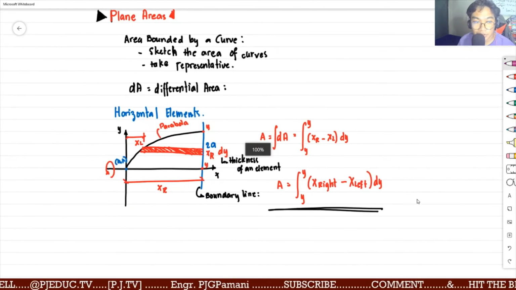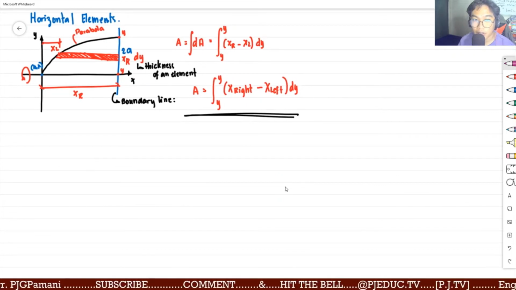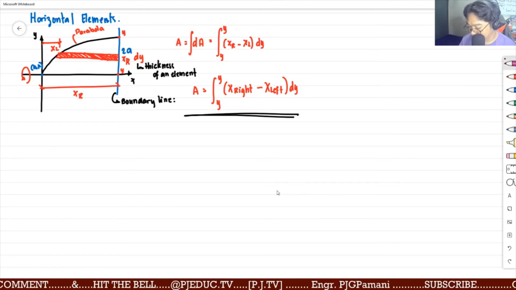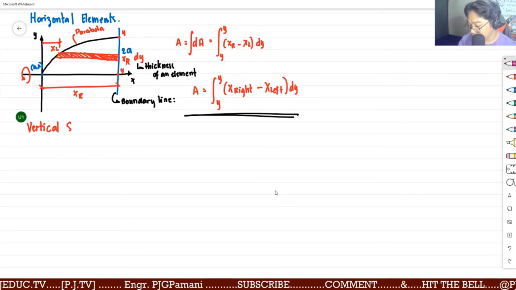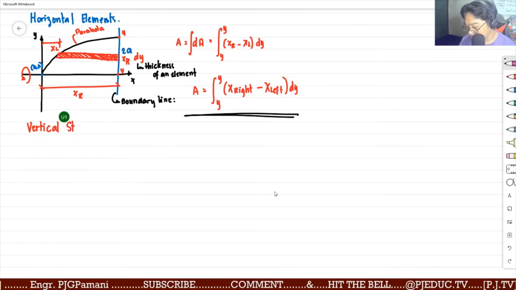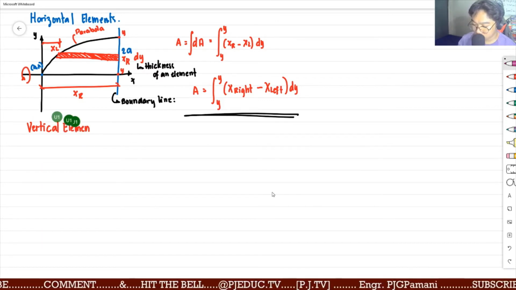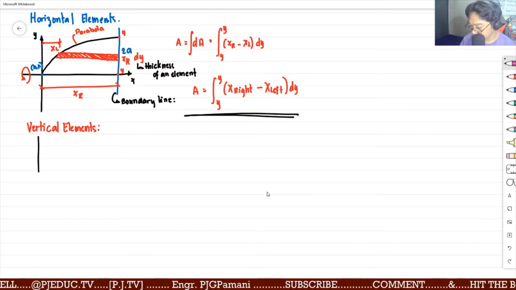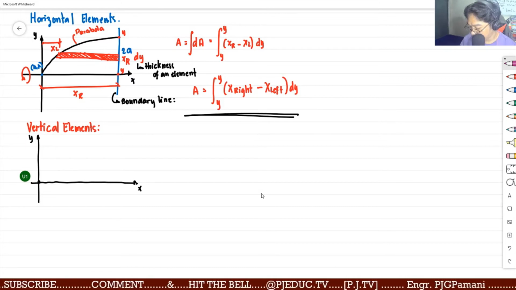Next up, let us try to derive the area formula using a vertical strip. So for vertical elements, let's make our Cartesian lines again. Then your parabolic curve.